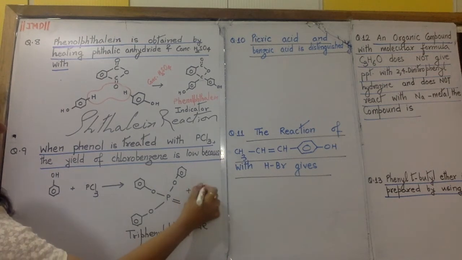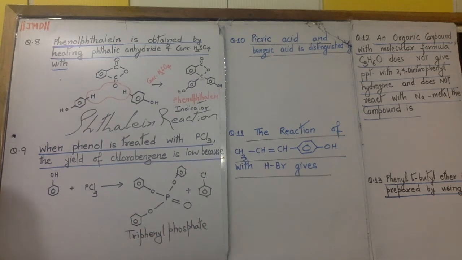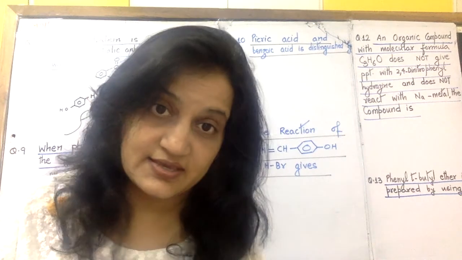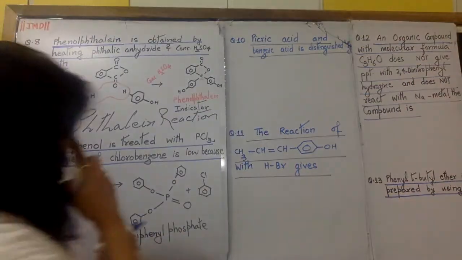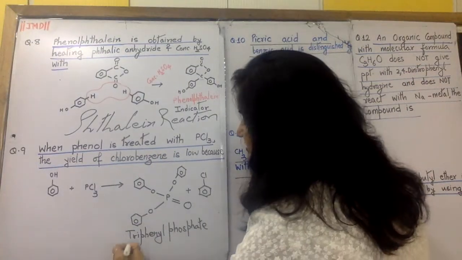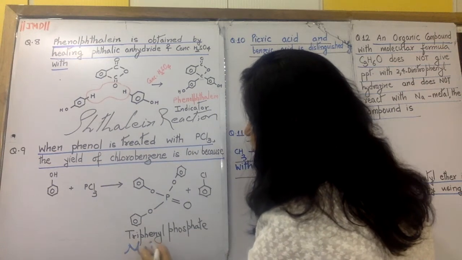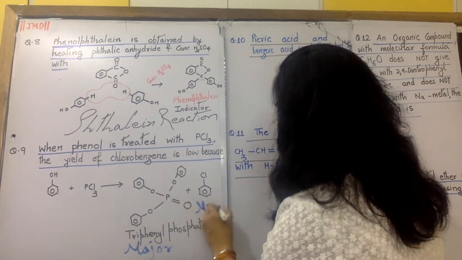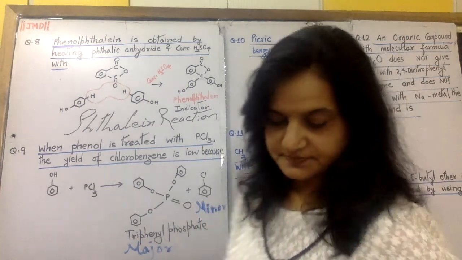And we do get chlorobenzene. But the problem is this is the major product, while this is the minor product.